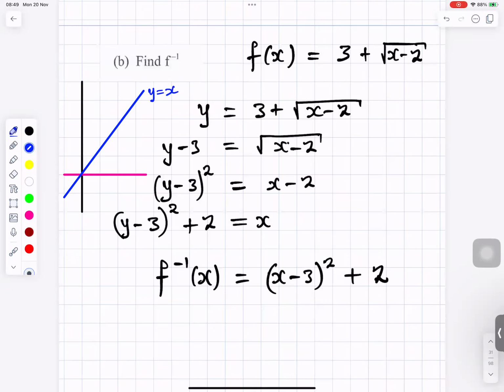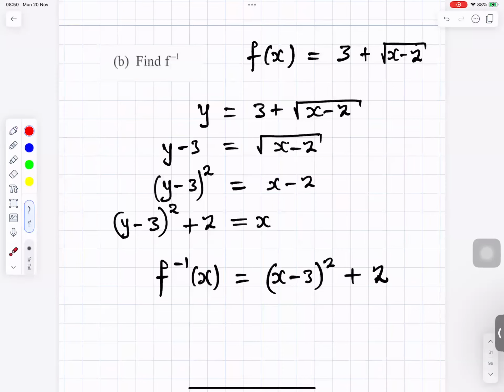Whenever you have a reflection in that line, where that line is like the mirror, that's what it means by finding an inverse. So if you have a curve underneath here and you reflect that curve in y equals x, you're finding the inverse. So let's just go ahead and do the inverse, because they don't ask you that in exams.